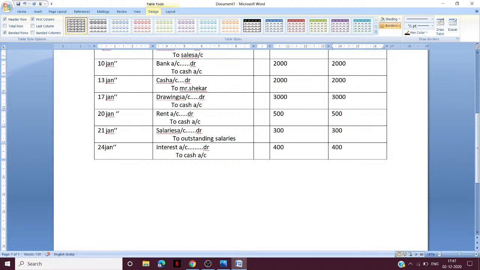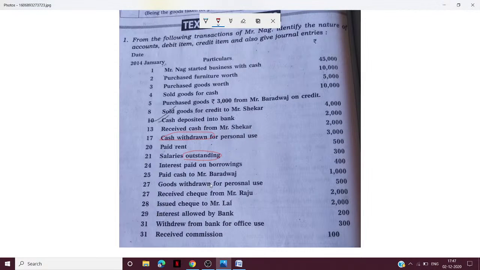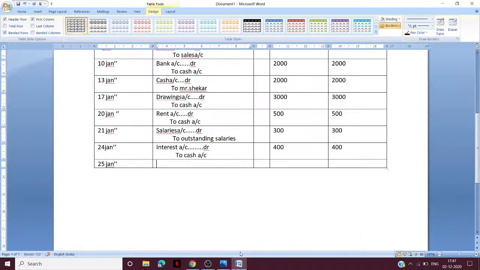Hope you are following. If you have any queries, do text in live chat so that I can clarify your doubts. So on Jan 25th, what is the transaction given? Let us see. Transaction is paid cash to Bharatwaj. What we are paying to Mr. Bharatwaj.